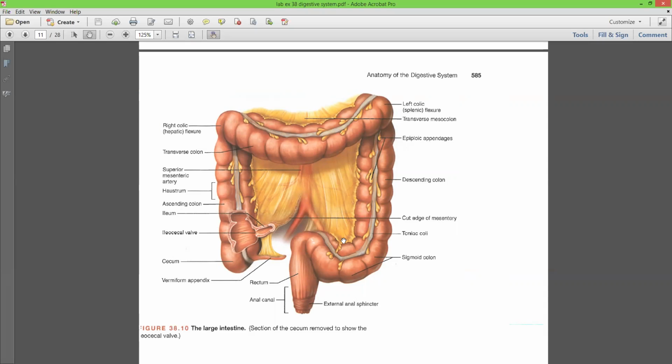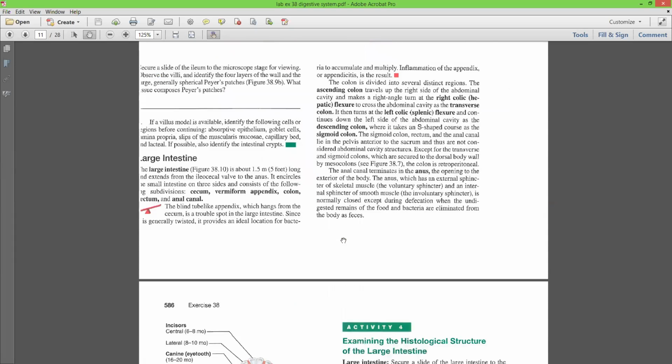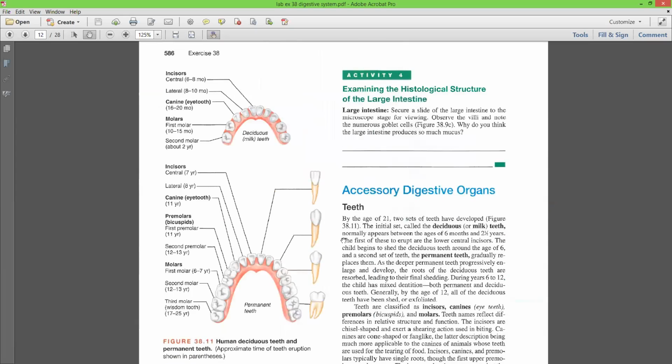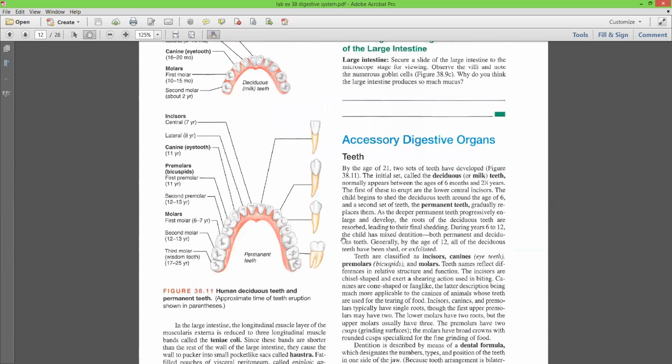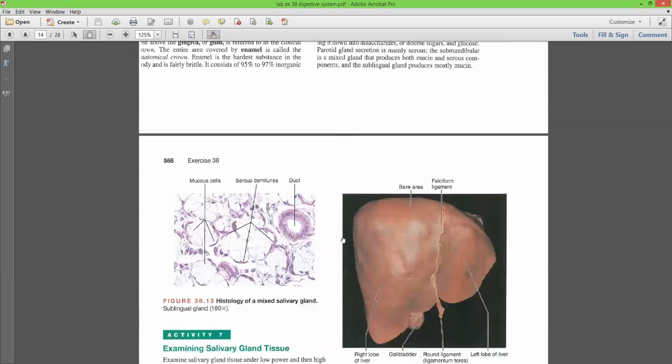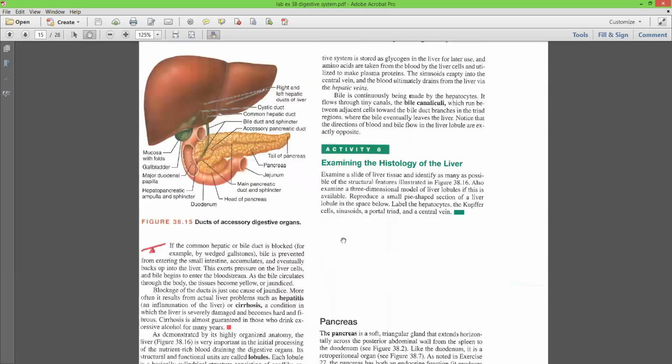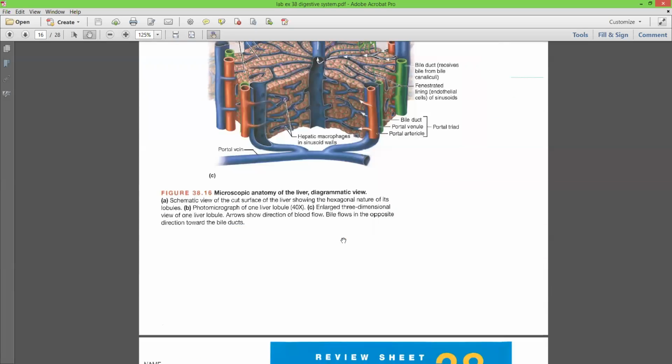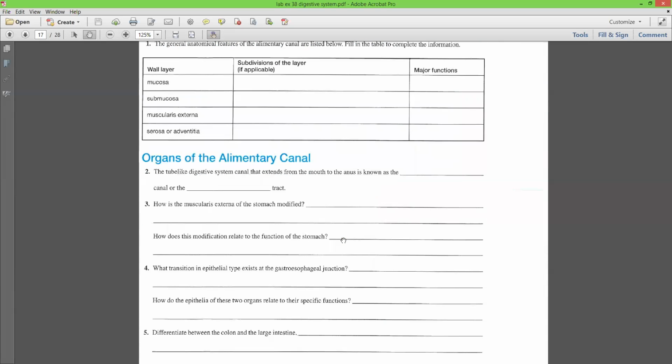Okay, so that would be the large intestine. Okay, any questions with any of that stuff?